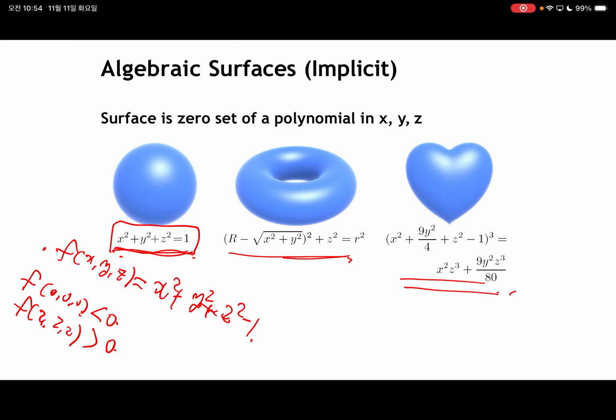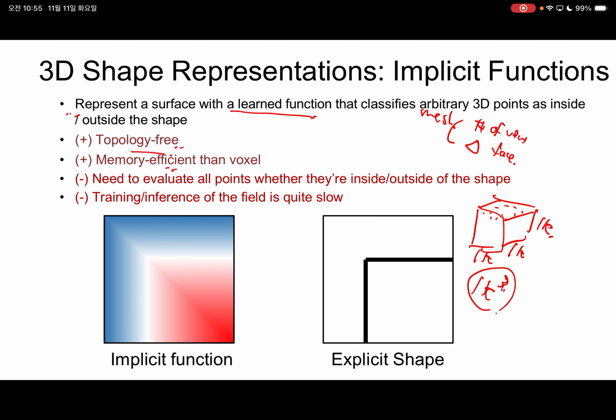There can be many ways to store it. For example, assuming a polynomial function, the only things we need to store are the coefficients of the squared terms and the constant, just 4 numbers. So we only need to store very few numbers. It is more memory efficient than voxel.